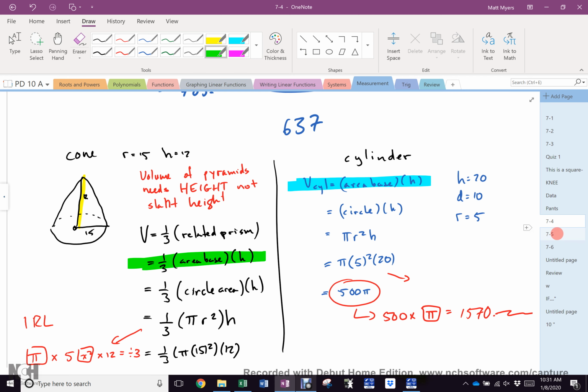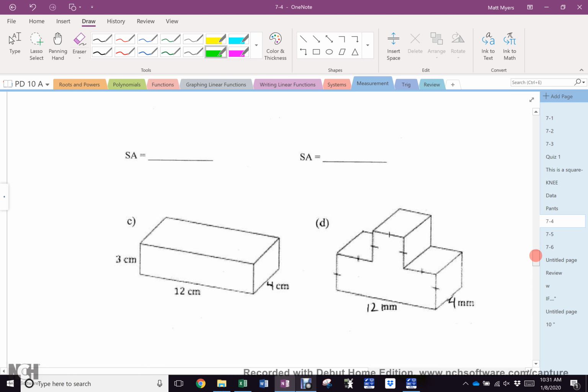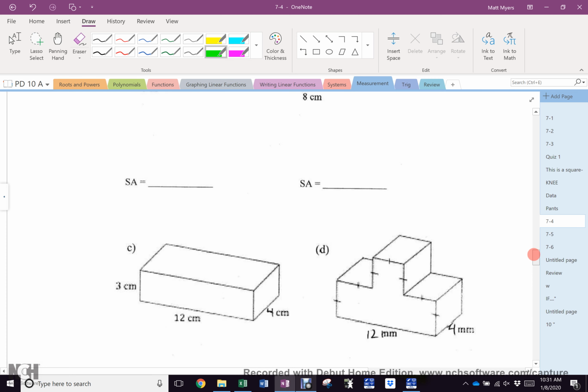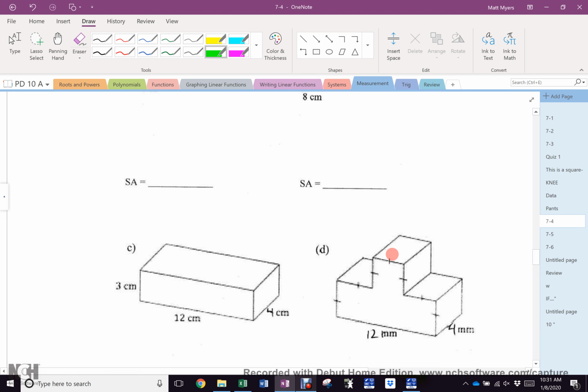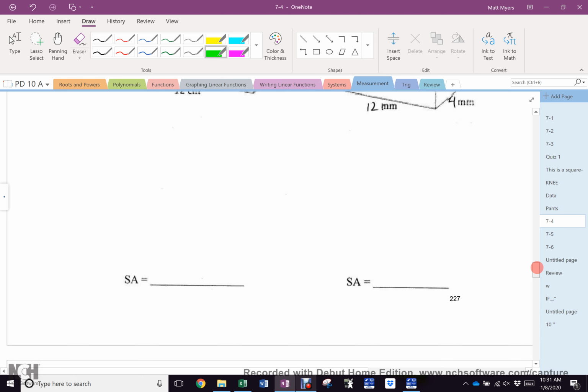Good. So now I'm going to shut up and you're going to do some work. On this page that you have a bunch of surface areas, I want the volume of B. Start writing this down. I want the volume of D. Yes, Sam.